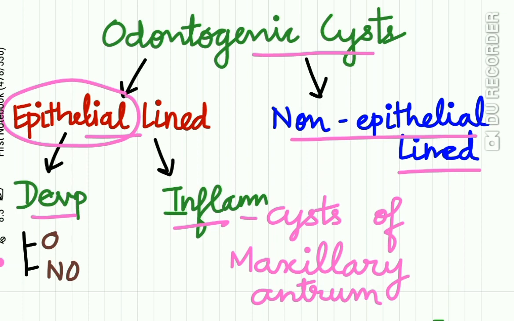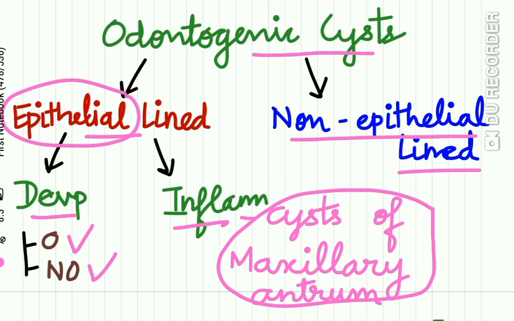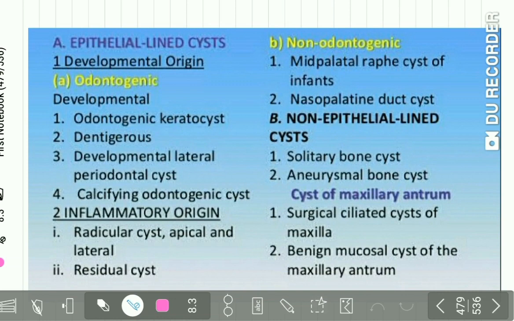And the developmental cysts may be odontogenic in origin or non-odontogenic in origin. And there is a separate class of the cysts of the maxillary antrum. So, epithelial lined cyst and non-epithelial lined cyst. The epithelial lined cyst may be developmental or inflammatory, and then again the developmental cysts may be odontogenic or non-odontogenic.